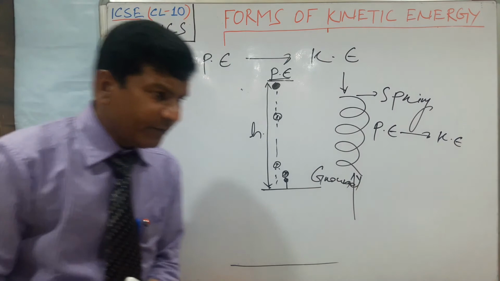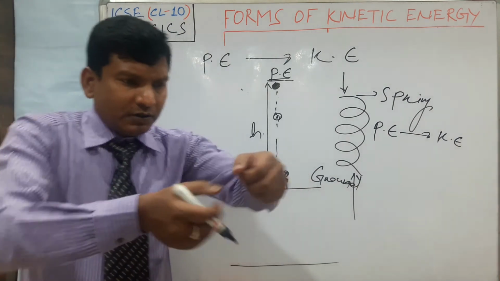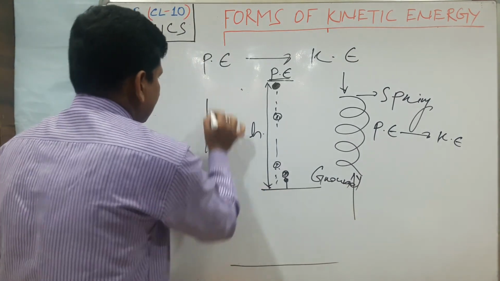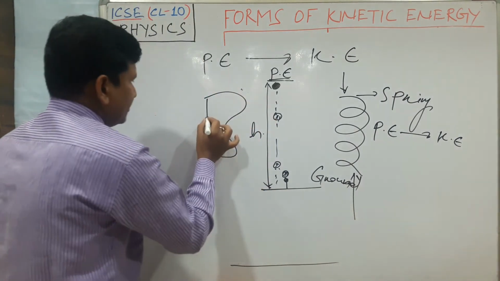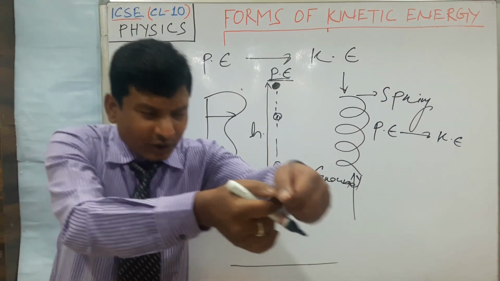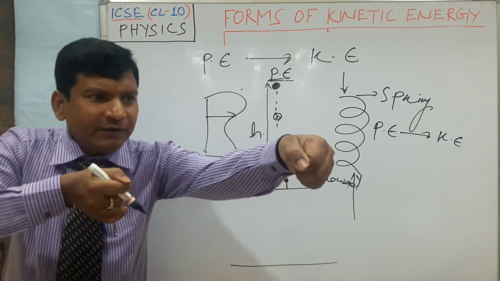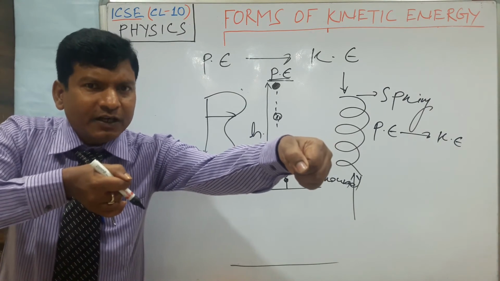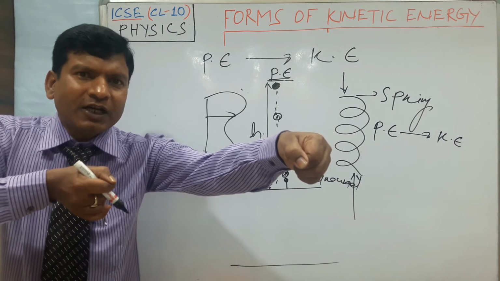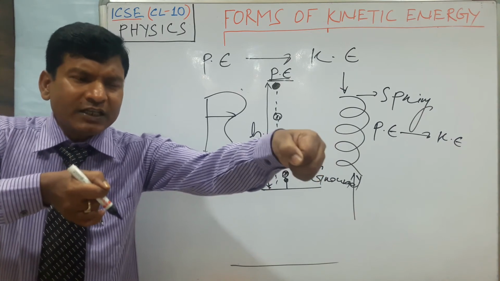Another example I can give you. Suppose you bring a bow and arrow, you know bow and arrow. Suppose this is a bow and arrow. Now, if I bring a bow and I just pull it, what type of energy is it having? It is having the elastic potential energy. So at that moment, is any work done? No work is being done.